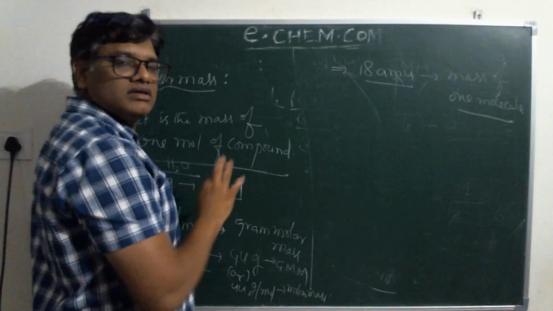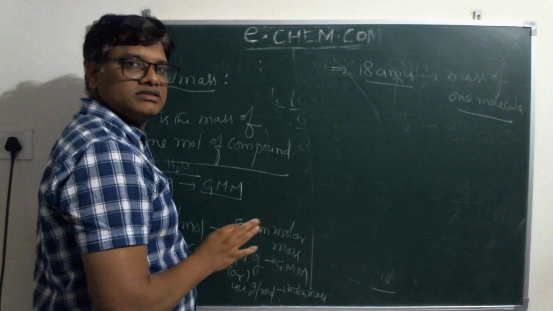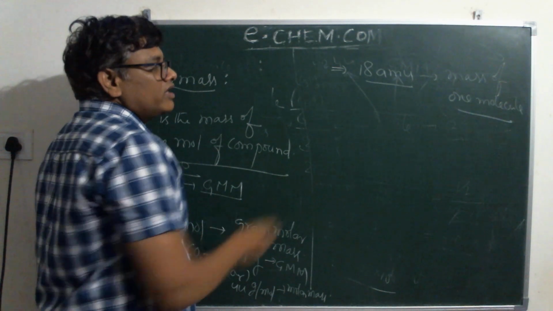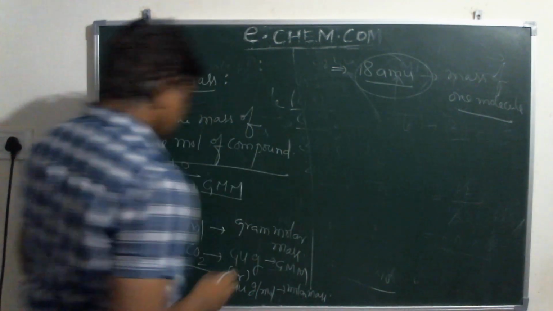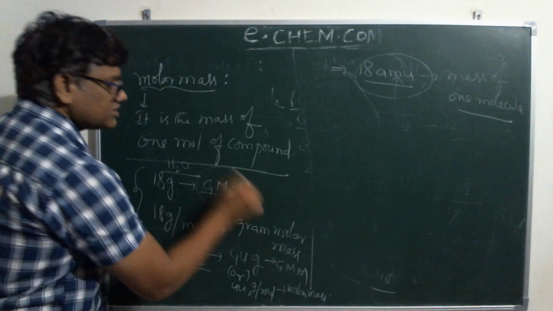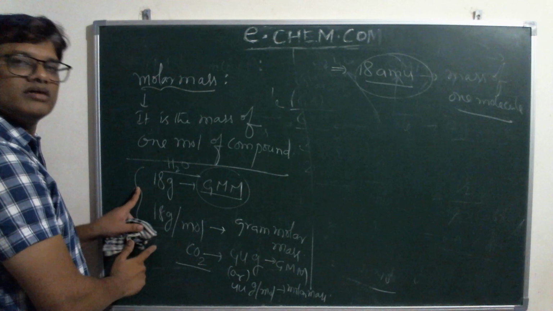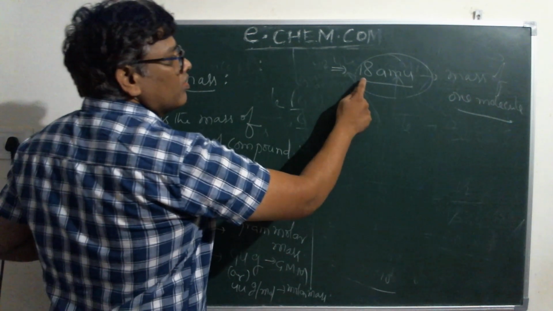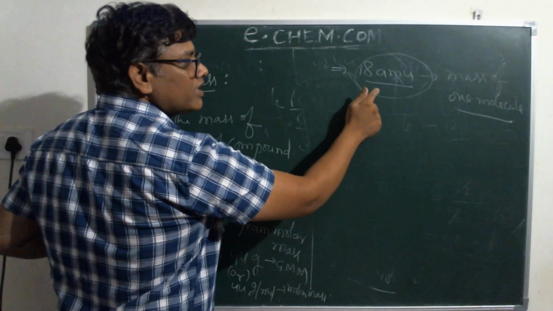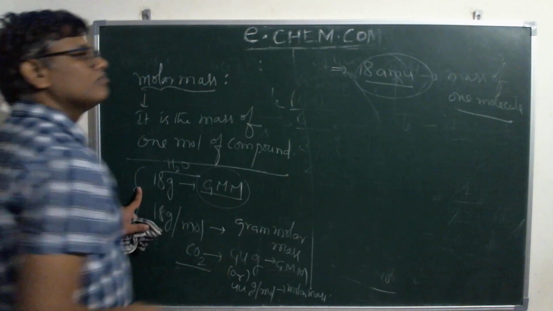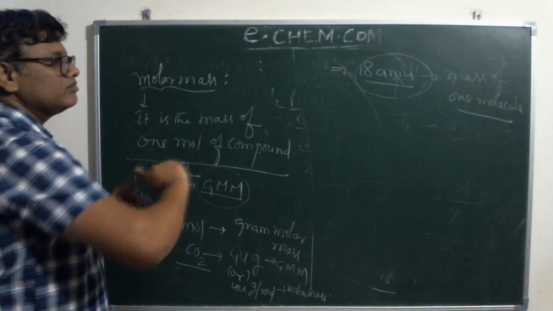That we can say is molecular mass. Molecular mass is different. Gram molecular mass is different. Gram molecular mass is mass per Avogadro number of molecules. Molecular mass is the mass of one molecule. That is the main difference between them.